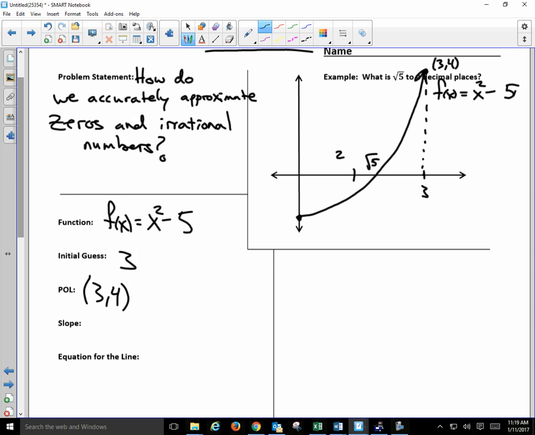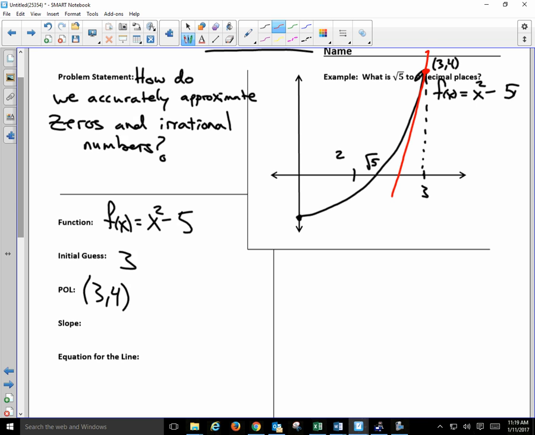This is where Newton laughs at us and says, watch how smart I am. Newton says, I know that 3 is a really bad guess, but I'm going to use that to come up with a super accurate guess. I'm going to write an equation for the line tangent at that point.